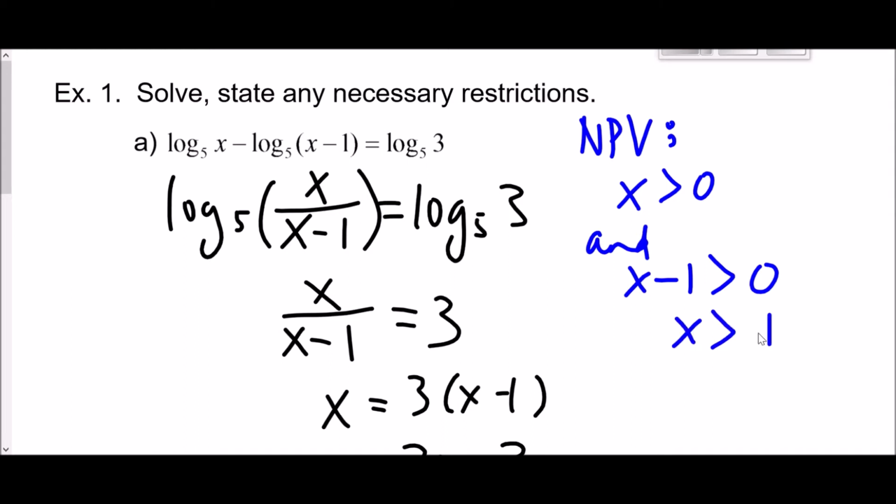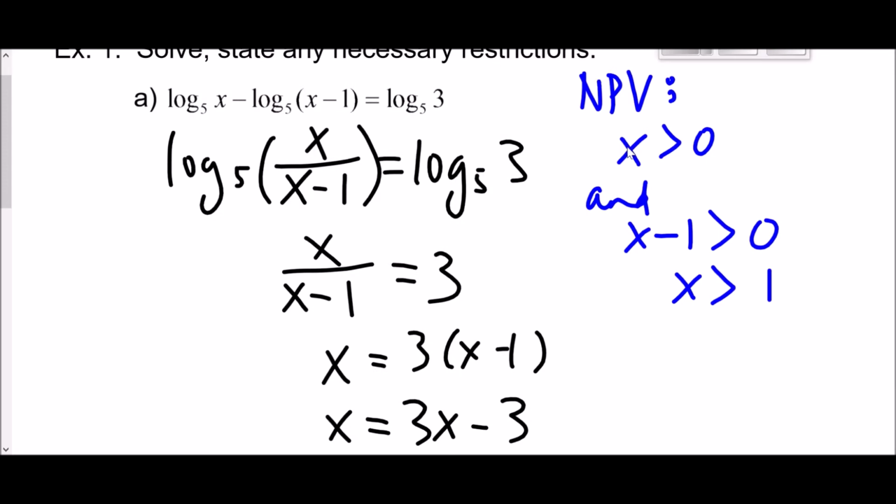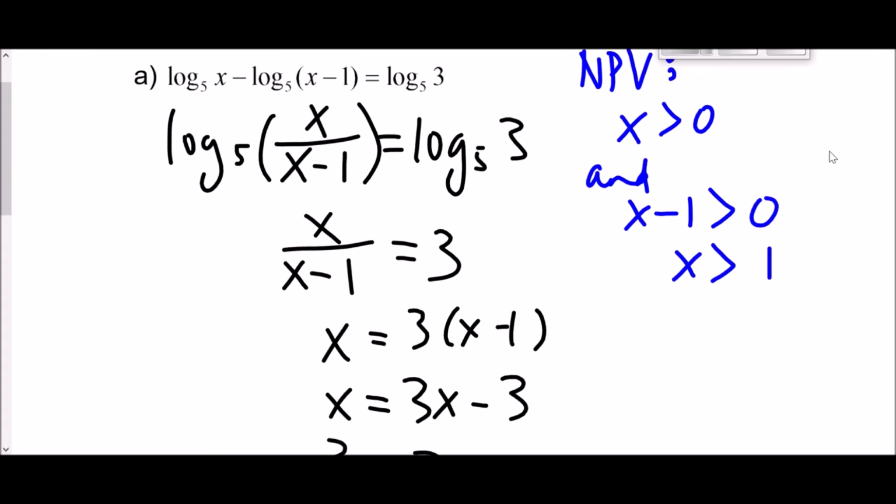Now we have two restrictions here. One says x has to be greater than 0. The other one says x has to be greater than 1. Which one is my final answer? I don't know what your math 20-1 teacher taught you before, but this is what I teach my 20-1 students.